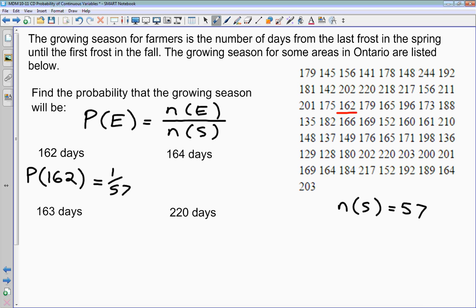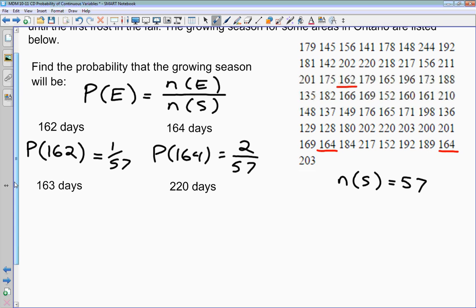Now, let's repeat this for 164 days. We go through and see how many times 164 appears. It appears down here, and again over here, so that looks like 2 ways. So that would be 2 over 57. We've done 162 and 164. Let's do 163 days.